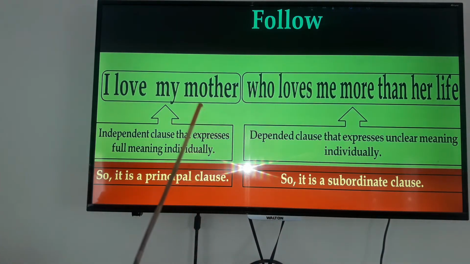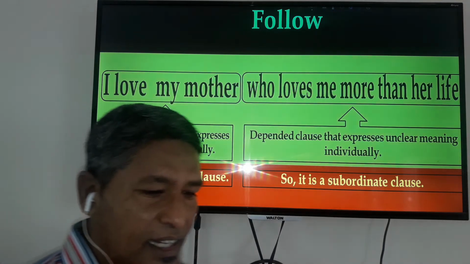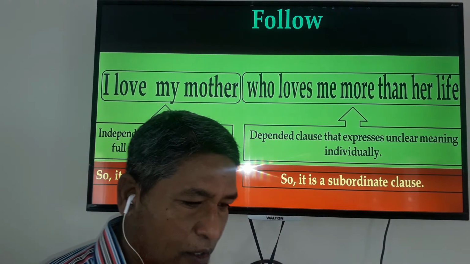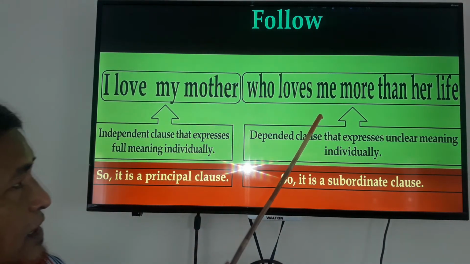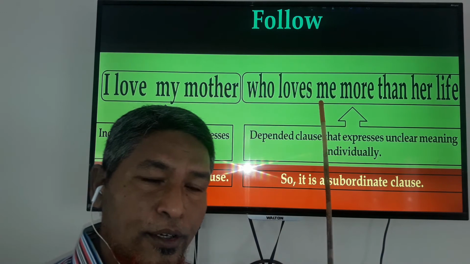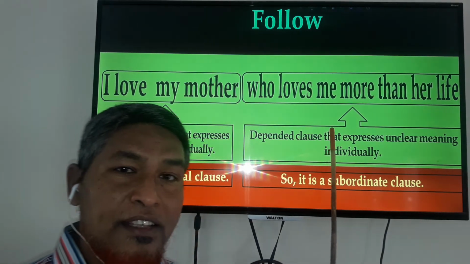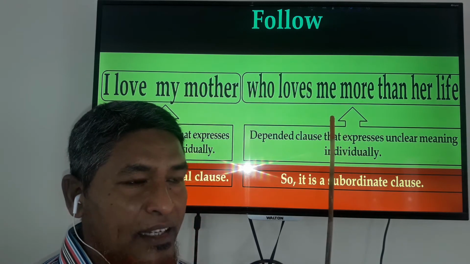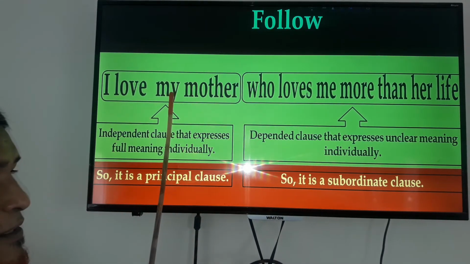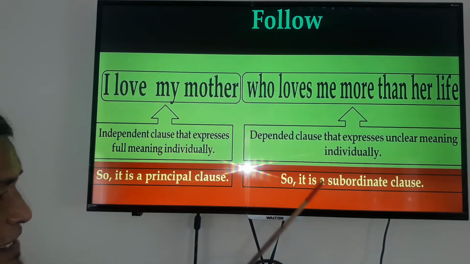So we are clear here. The part which has a subject and a verb and expresses the meaning clearly is called the principal clause, and the part which also has a subject and a verb but cannot express the meaning clearly, and is dependent on the principal clause, is the subordinate clause.